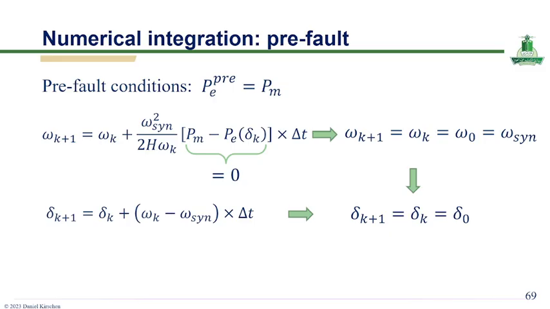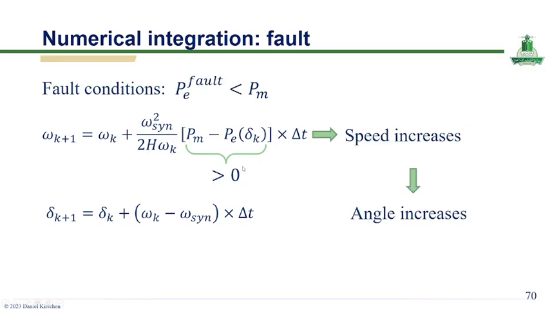As a result, the accelerating power becomes zero, causing the rotor speed to remain constant at the synchronous speed. Consequently, the rotor angle also remains unchanged during each integration step. This confirms that the generator operates steadily before the fault without any acceleration or oscillation.